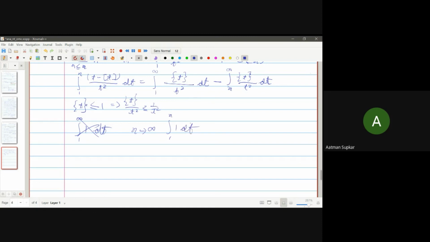You're not allowed to write these things if this limit tends to infinity. So here I'll verify that. This is greater than or equal to 0. If I show that it's less than or equal to a constant, then it's a very well defined thing. It's another constant.